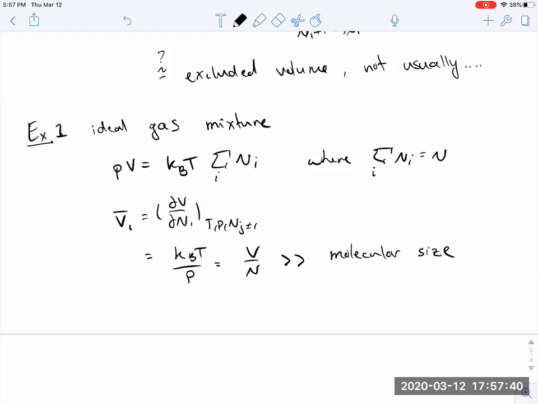So how the volume changes in a gas as I add 1 particle has nothing to do with the particle size. It just has to do with the fact that the volume is intimately related to the thermal pressure of the system as codified in this ideal gas equation of state.